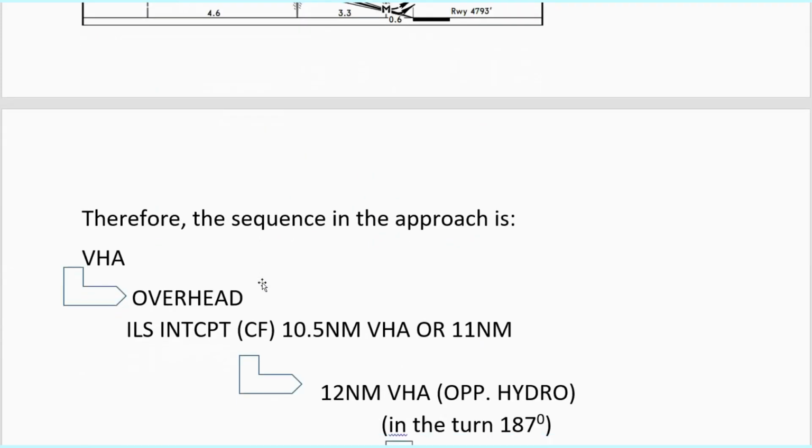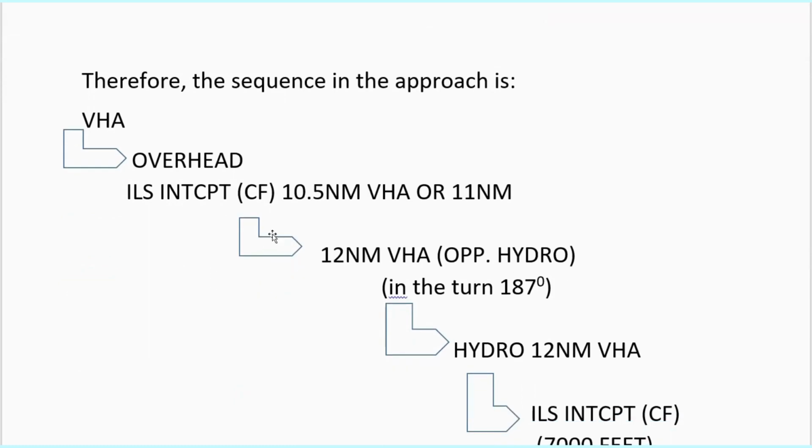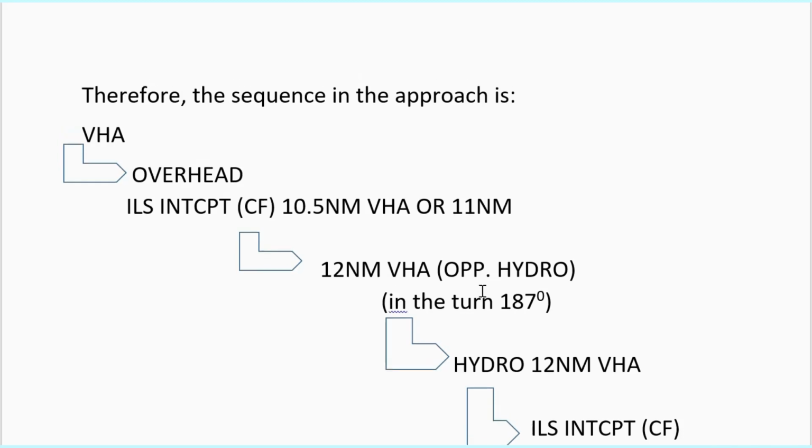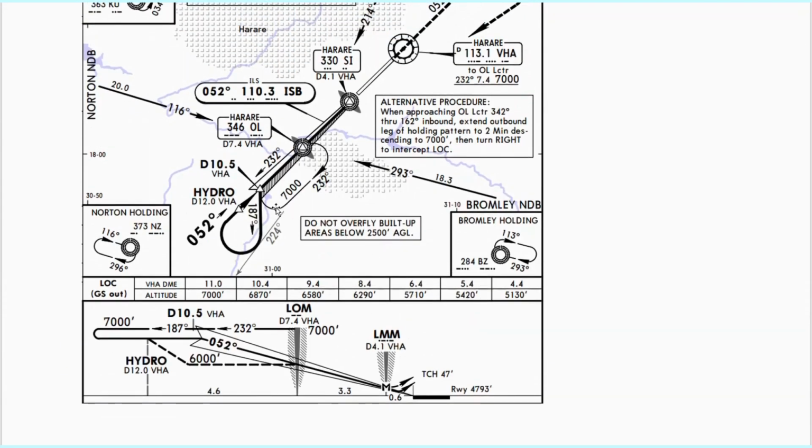Then from there I'm going to go into the procedure turn until another point, which is 12 nautical miles from Victor Hotel Alpha, opposite the waypoint called Hydro. This will be in the turn. If I go back here, that point will be somewhere here on this leg, on the 45-degree leg. You must know that this is a 45-degree teardrop sector.